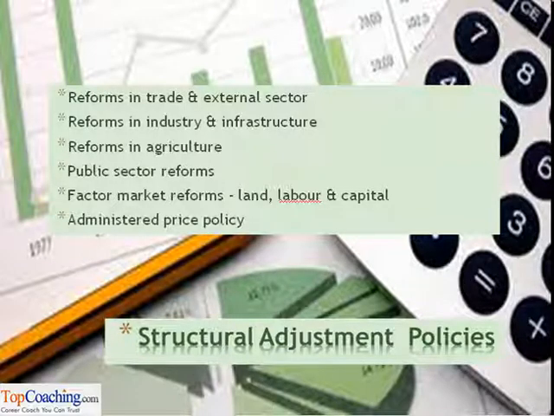The structural adjustment policies are reforms in trade and external sector, reforms in industry and infrastructure, reforms in agriculture, public sector reforms, factor market reforms, land, labor and capital, etc., and administered price policy.